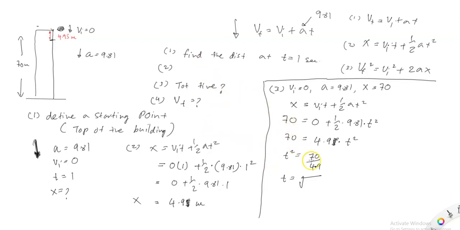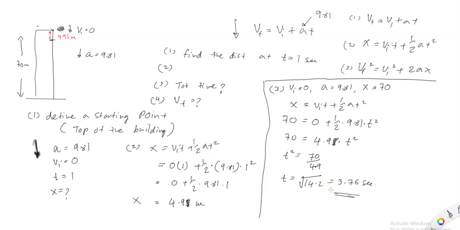And the square root of 14.2 is 3.76. So that means this thing will be falling for 3.76 seconds before it hits the ground. That's your answer.